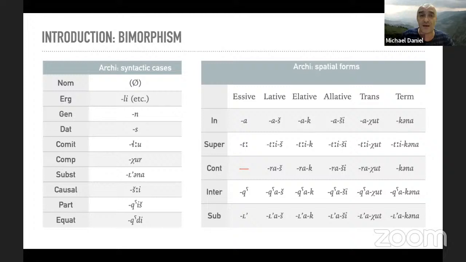It's better to think of these two parts of the nominal inflection in Archie, or in other East Caucasian languages, as two separate sub-paradigms: the sub-paradigm of syntactic cases and the spatial sub-paradigm. And you can see that, with one exception shown here as a red dash, you yield all the forms simply by multiplication of the category of localization in the vertical line by the category of directionality in the horizontal line.